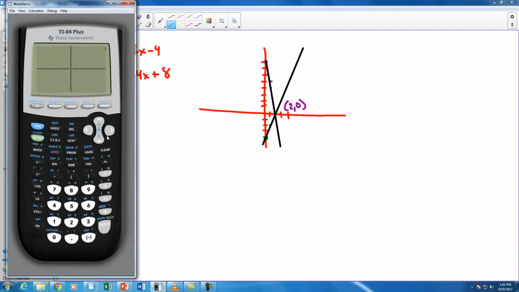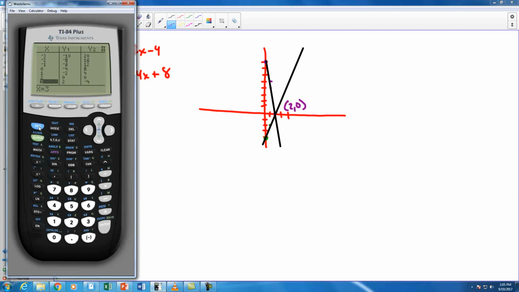And if I go ahead and graph those, do they look similar to the graph that I created? Yes. Does it look like they're crossing at 2, 0? Yes. To check, I can go to the table, which is the second function of graph, go to when x is 2, and you notice you have a 0, 0. That tells me 2, 0 is a point on both lines, meaning it's the solution.